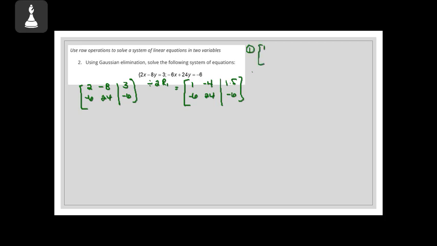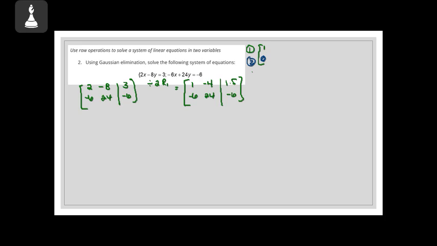Next step is to get a 0 underneath it. So step 2, we want to get a 0 here. So to get a 0 there, what we're going to do is we're going to multiply and then add. So here's what I'm doing. I'm going to take that row that I got a 1 with, and I need to figure out what's going to cancel out the negative 6.